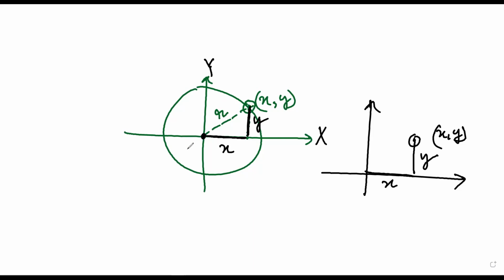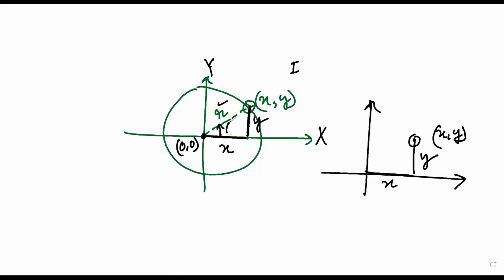So from the origin 0, 0, I draw a circle of radius r. And then if I take any point on that circle x, y in the first quadrant, the point would be x comma y. So x would be the base and y would be the perpendicular.